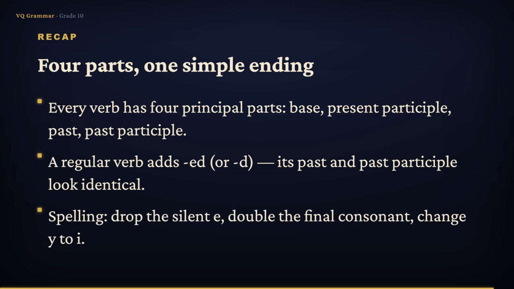And the spelling needs a moment of care. Drop the silent E, double the final consonant after a short vowel, and change Y to I after a consonant. Remember too that the participles always travel with a helping verb. Next time, we'll meet the verbs that refuse this tidy pattern, the irregular verbs. I'll see you there.